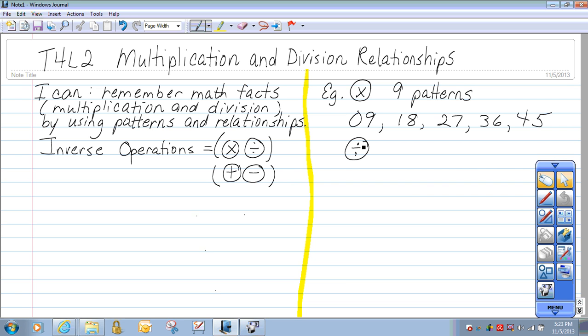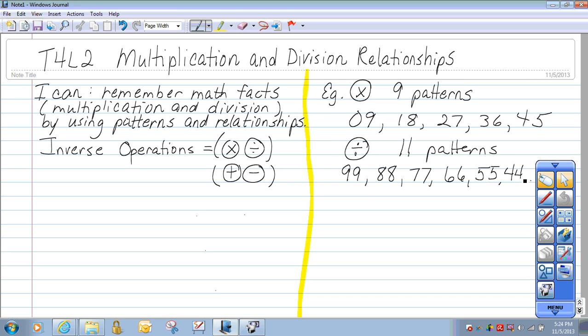Let's talk about patterns in division. Let's make a little division symbol. Let's look at the 11 patterns. But let's do it from a division standpoint, getting less and less. I picked 11 because it's very easy. We can start with 99, then go to 88, and then 77, 66, 55, 44, and so on.